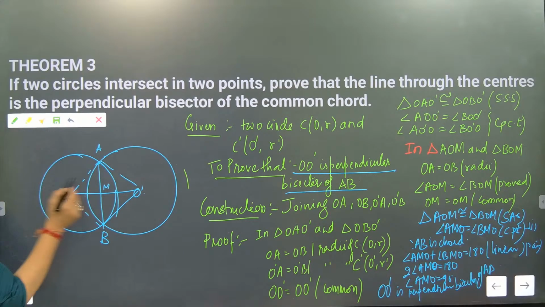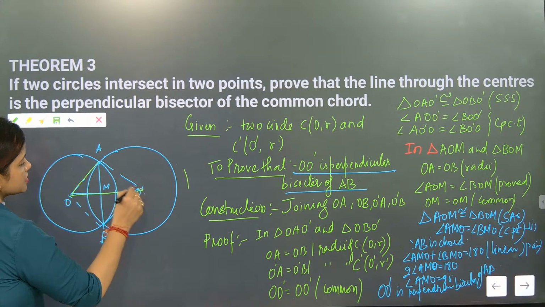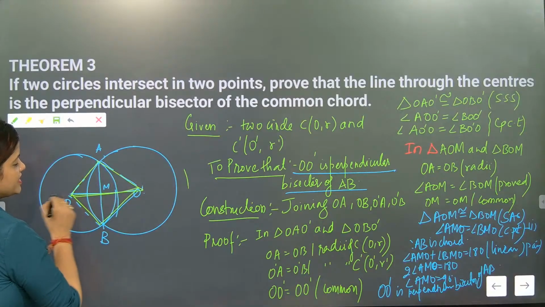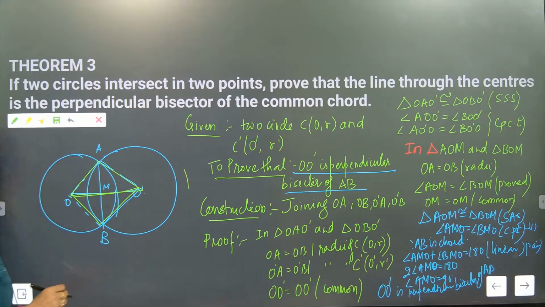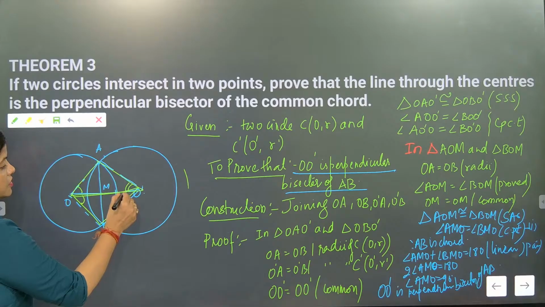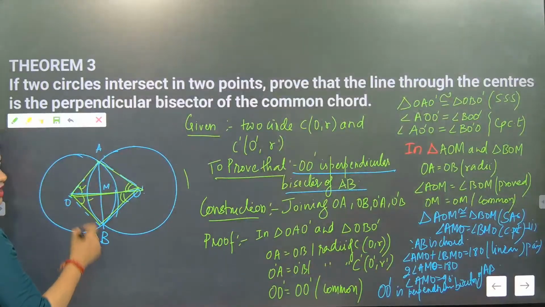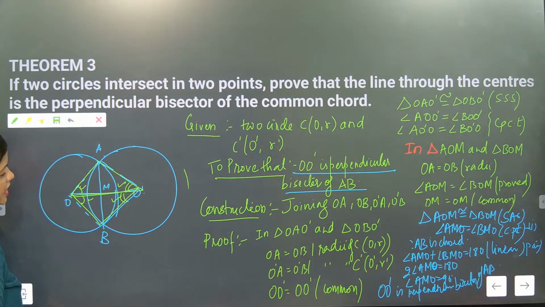First concept, we proved this congruent to this by CPCT, and once we did, this angle is equal to this angle, and this angle is equal to this angle.